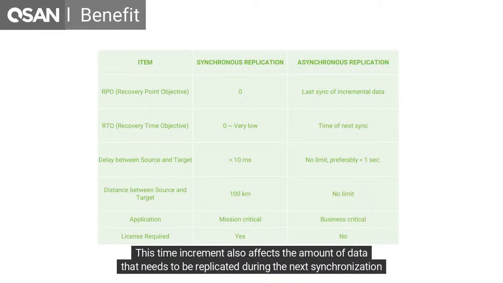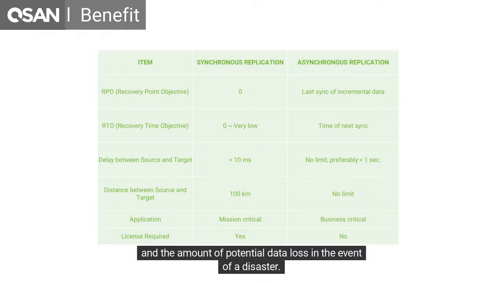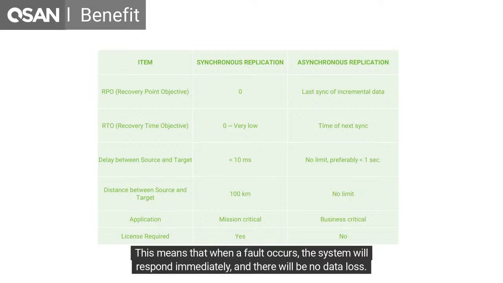This time increment also affects the amount of data that needs to be replicated during the next synchronization and the amount of potential data loss in the event of a disaster. Of course, the perfect solution is that both RTO and RPO are zero. This means that when a fault occurs, the system will respond immediately, and there will be no data loss.